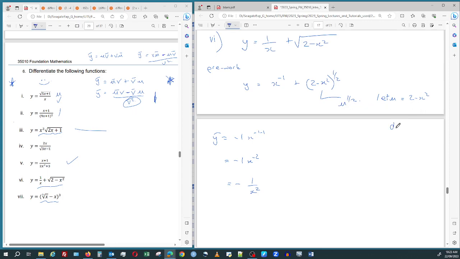We're going to use Leibniz notation of du dx because we want that part of the chain rule. But over here, let's do d du. d du of u to the half is a half u to the minus a half. And du dx is minus 2x. So they are going together as a pair.